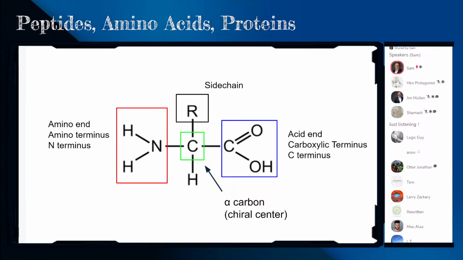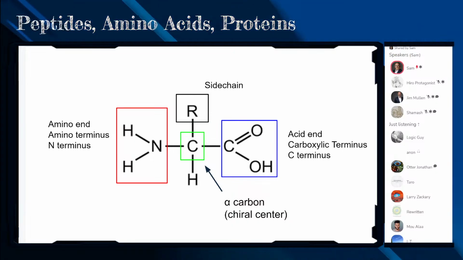On the left-hand side, inside the red box, that's the amino end, or the amino terminus, or the N terminus. All of these terms are used extensively.